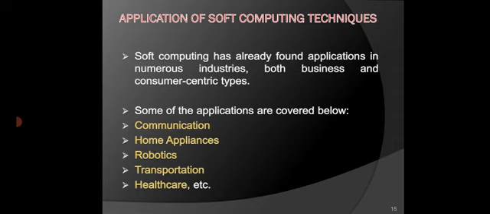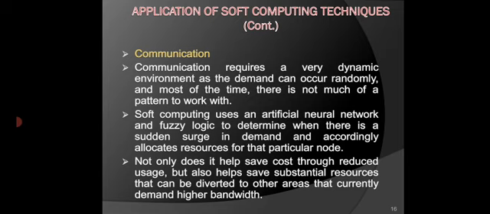Let's see the applications. Soft computing has already found applications in numerous industries, both business and commerce. These are some applications: communication, home appliances, robotics, transportation, healthcare, and many more. Let's see how it is used in communication. Communication requires a very dynamic environment as the demand can occur randomly, and most of the time there is not much of a pattern to work with.